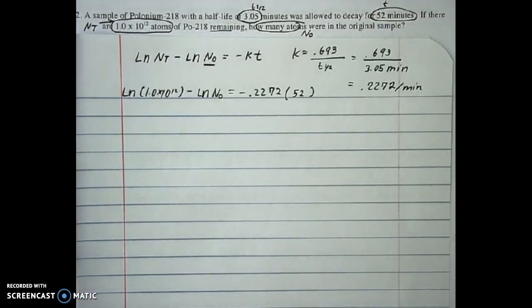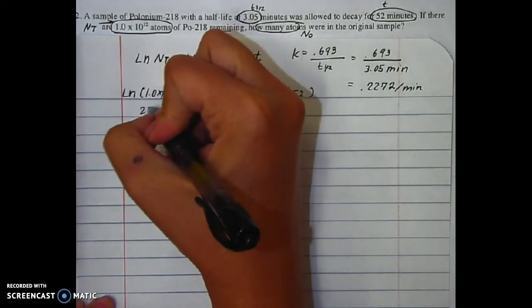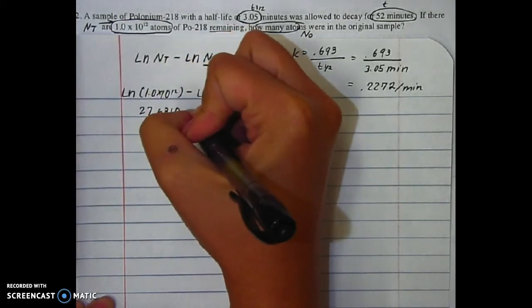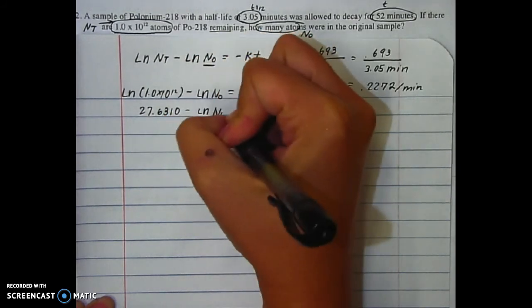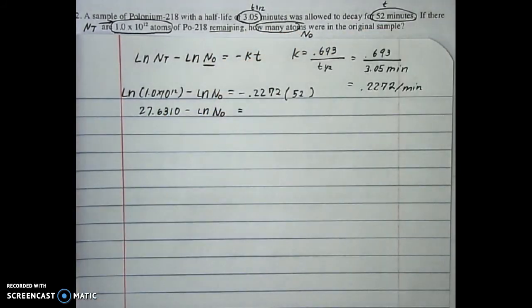Okay, so just to simplify this out, I'm going to take the natural log of my 1.0 times 10 to the 12 atoms, and we get 27.6310 minus ln here, and then I'm going to simplify out the right side.